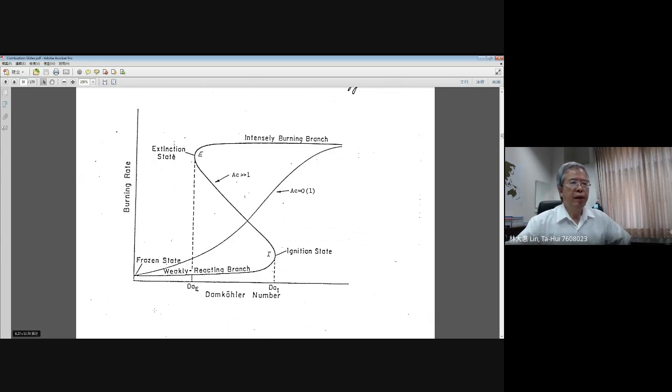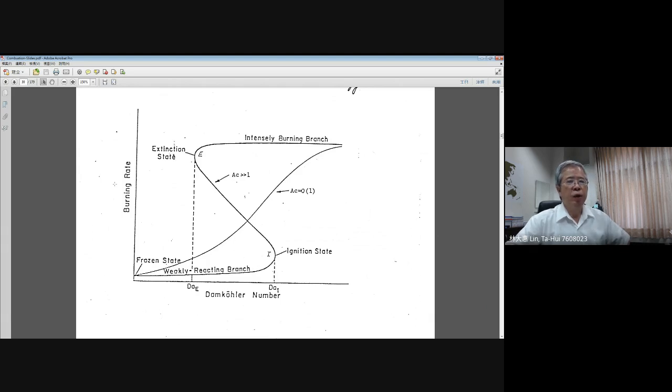The horizontal axis is denoted by the so-called Damköhler number, and on the vertical axis you can use the burning rate to emphasize the variation of the burning strength. I think it is easier to understand the burning rate if you go to a higher position along this vertical axis, then you will have a higher burning intensity, representing a higher burning rate.